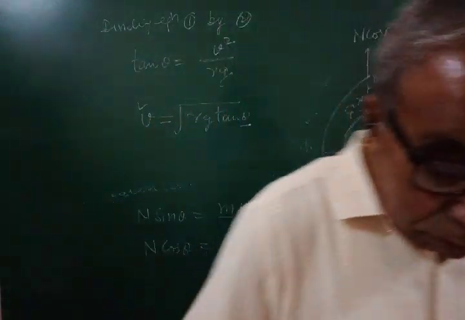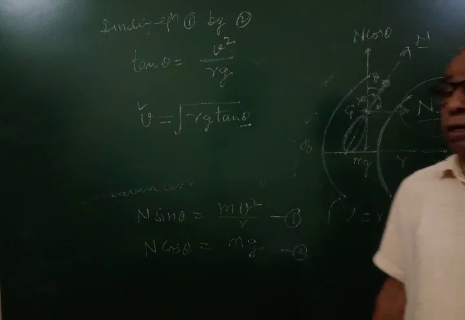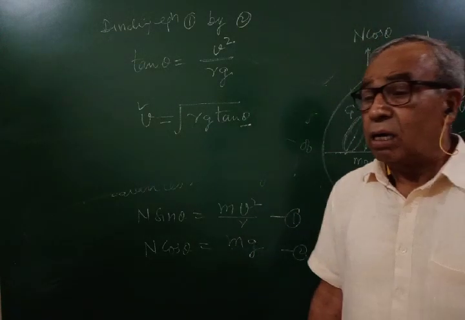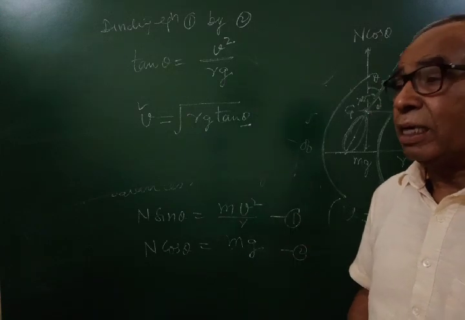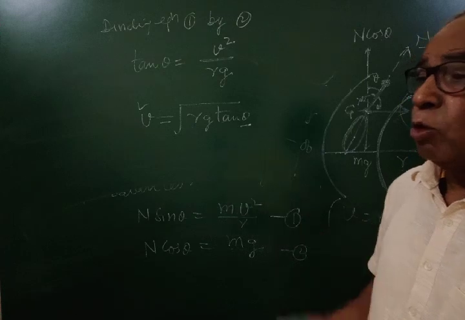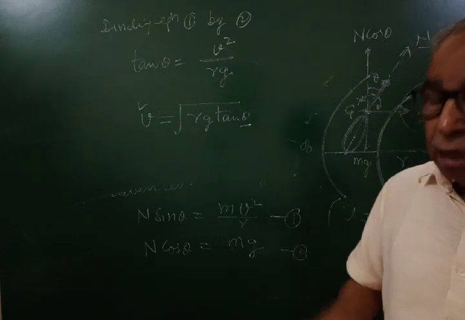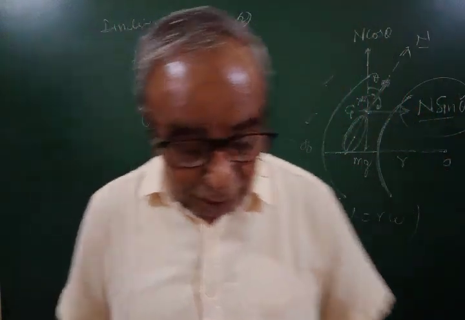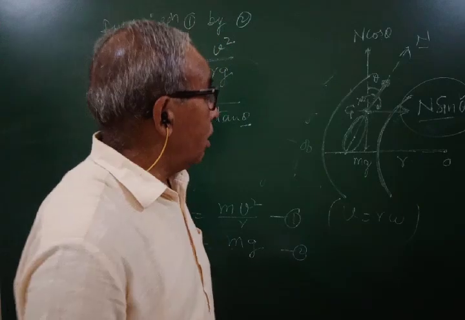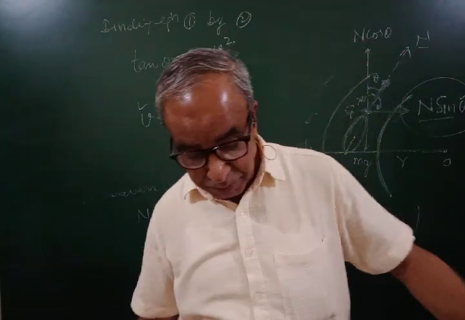For that, on a circular track, we raise the outer edge of the road, the outer bank, a little higher than the inner one, and that is done by calculation. We give artificial inclination to the vehicle.